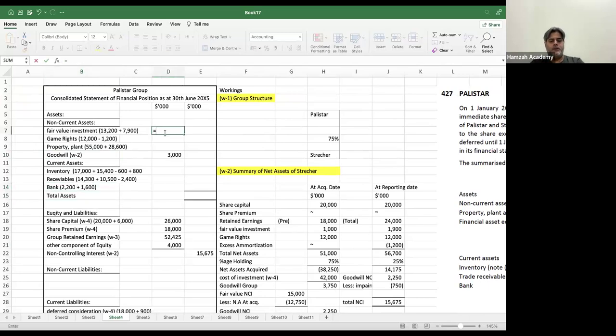Now let's just go forward. 13,200, 7,900, 12,000 minus 1,200, 55,000, 28,600. And then we are going to have its total outside. And then we have 17,000, 15,400 minus 600 plus 800.